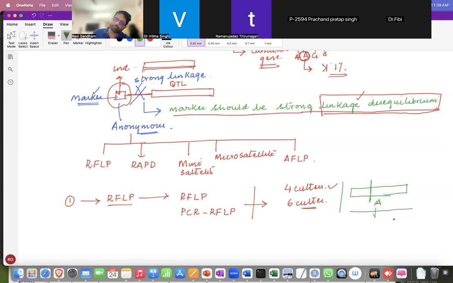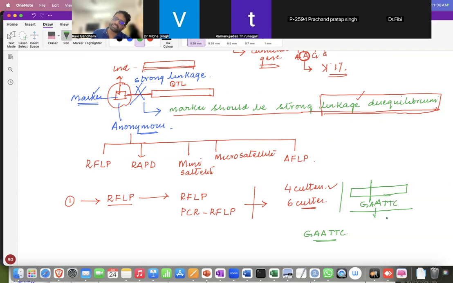This is an A. Now, our easiest possible restriction enzyme is what? GAATTC, that is EcoR1. Let us assume that this is GAATTC.